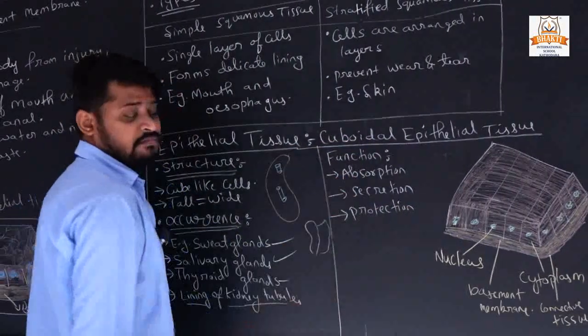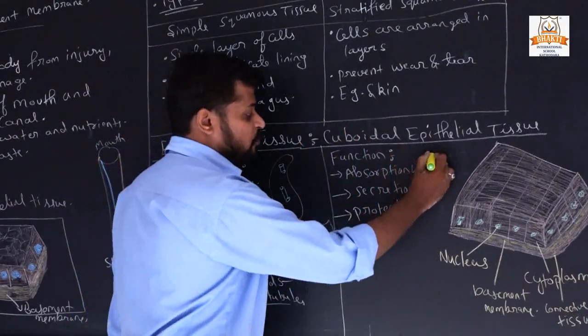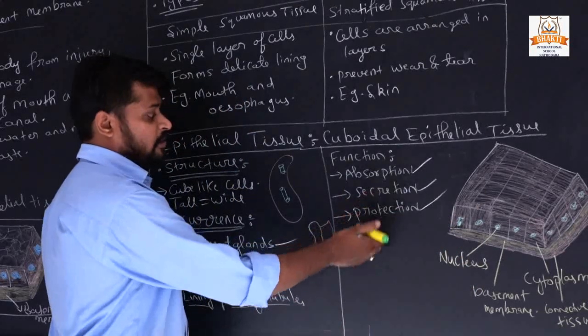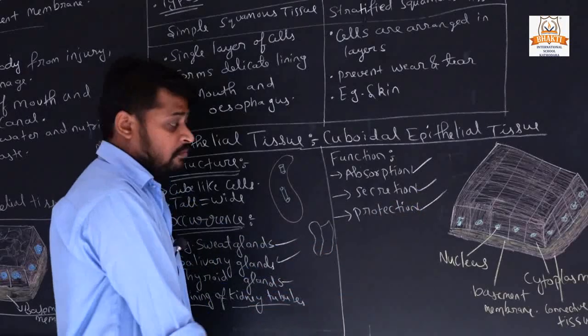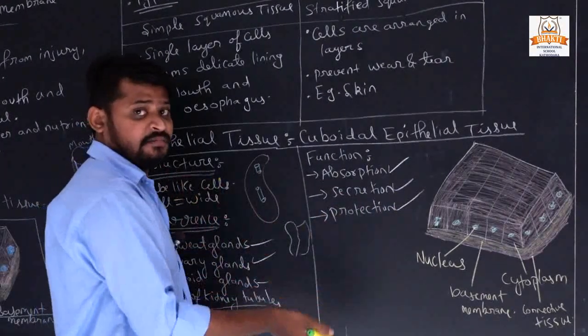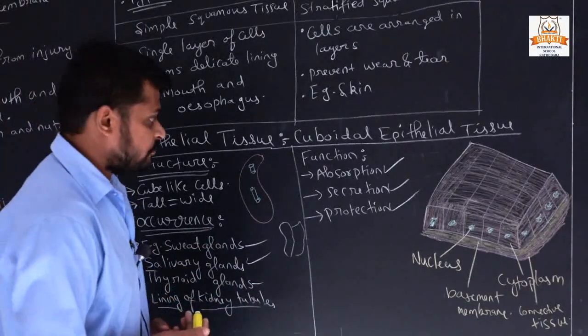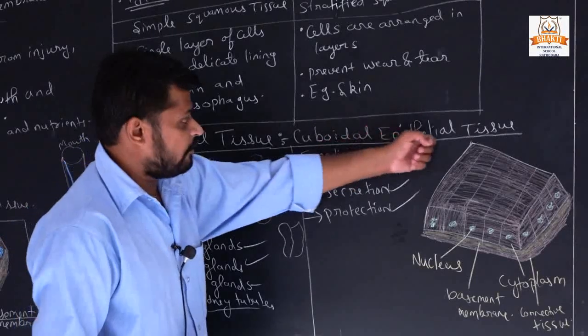What is the function? The functions of cuboidal epithelial tissue are absorption, secretion and protection. We all know epithelial tissue gives us protection, it absorbs water and it secretes enzymes that help absorb materials. And this is the diagram of cuboidal epithelial tissue.